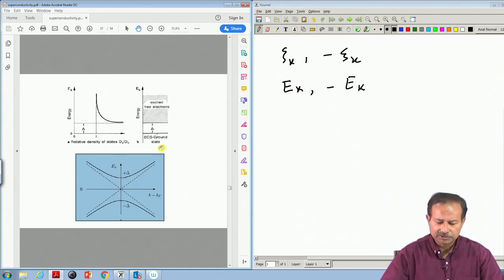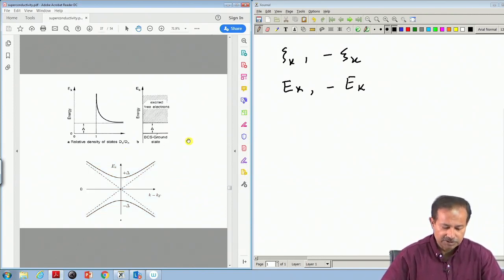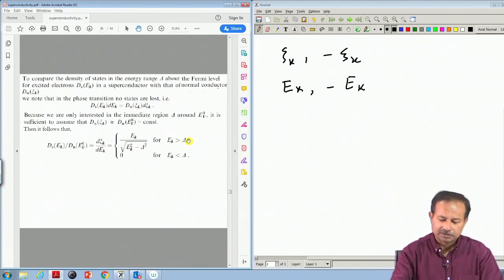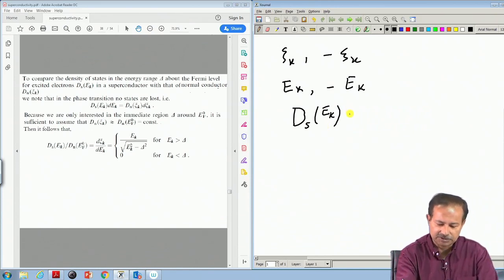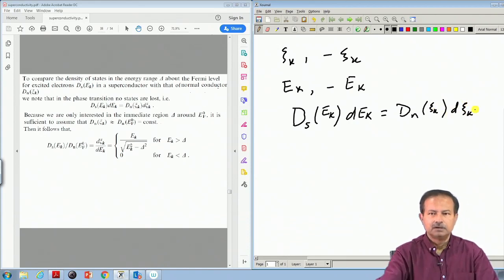Now, one can actually calculate the density of states of these new excitations, these quasiparticles over the BCS ground state, and that is very simple. You use the fact that you do not lose any of the density of states. So, if I write the density of states D_s of E of k between E and E plus dE, then the number of states must remain the same as the original density of states.